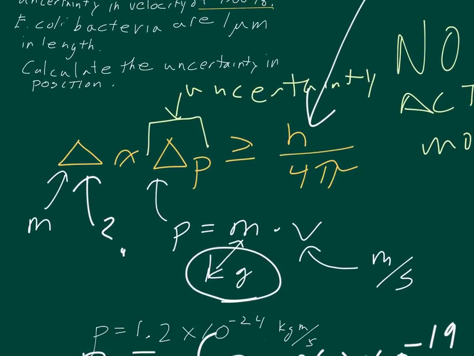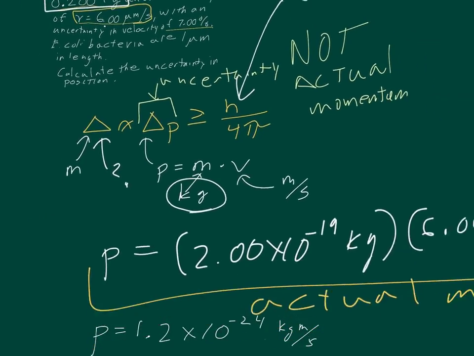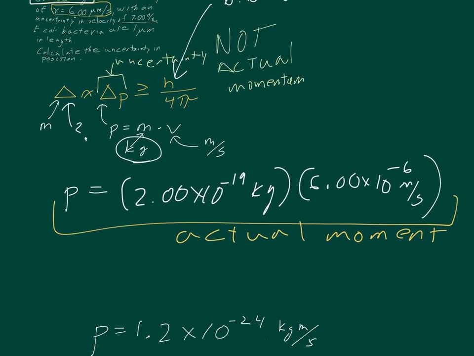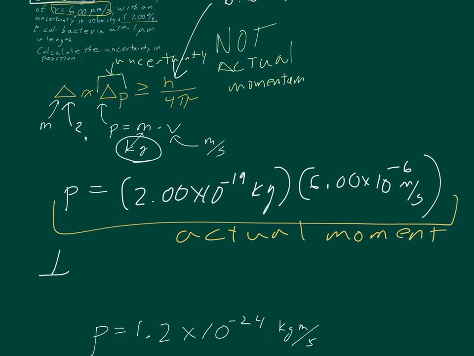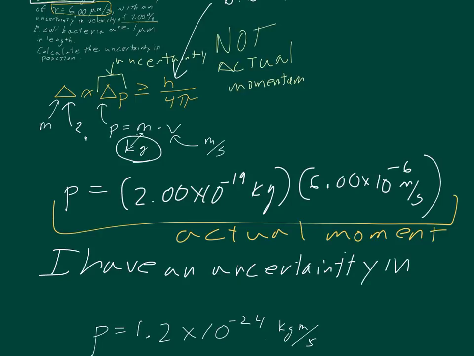Because mass times velocity is momentum, that means I have an uncertainty in my momentum also of 7% because of that uncertainty in velocity.